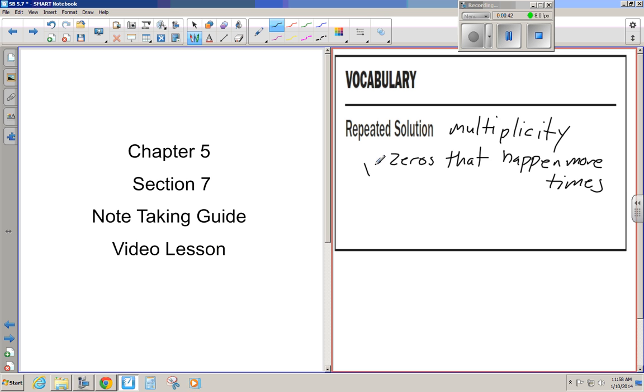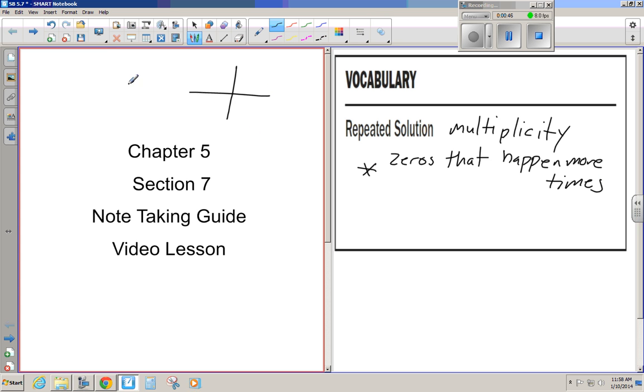What this means is we're looking at an equation, here's an equation, x cubed. It goes up, curves through, and goes like that. That is an x cubed. It crosses once, but that means that 0 happens 3 times.